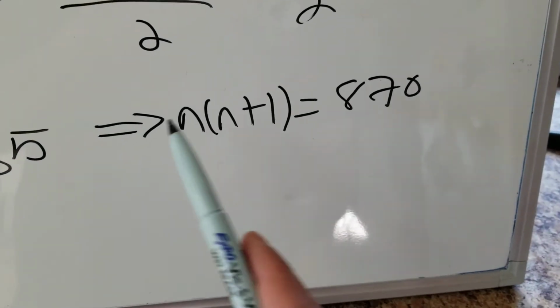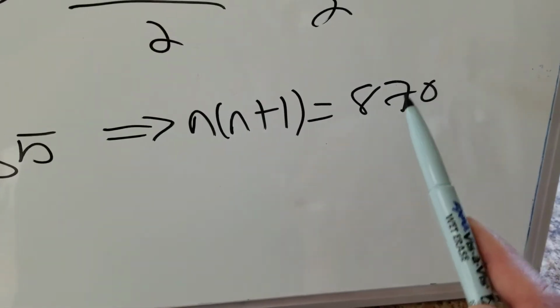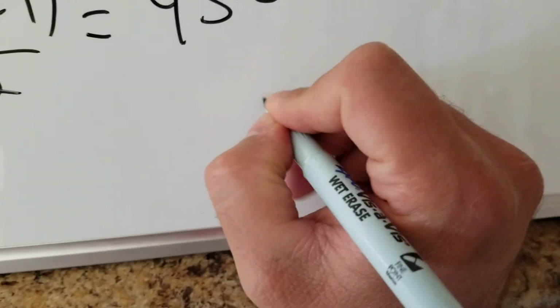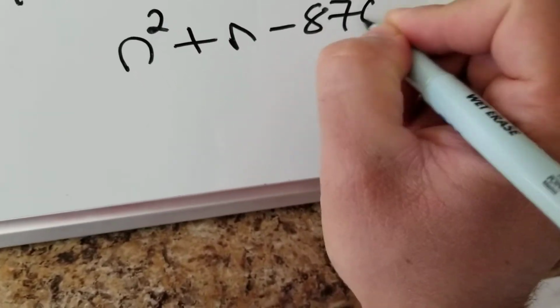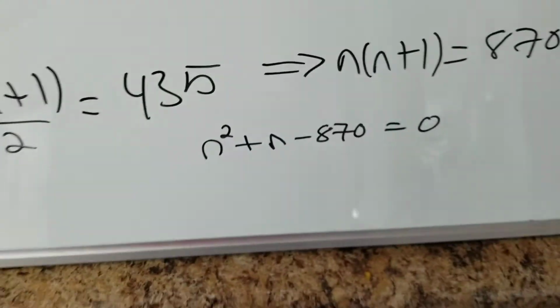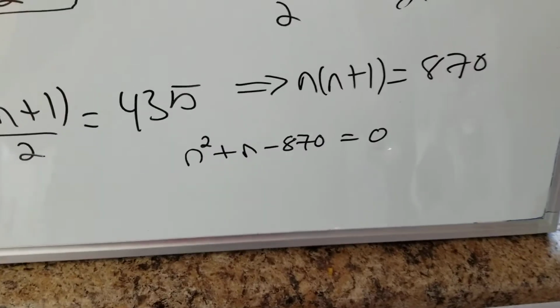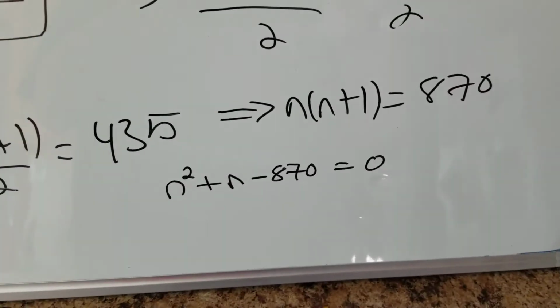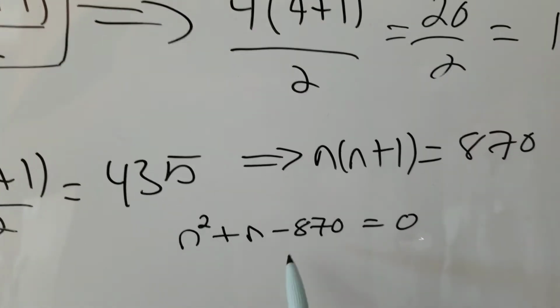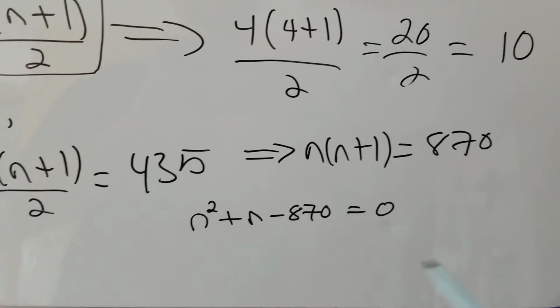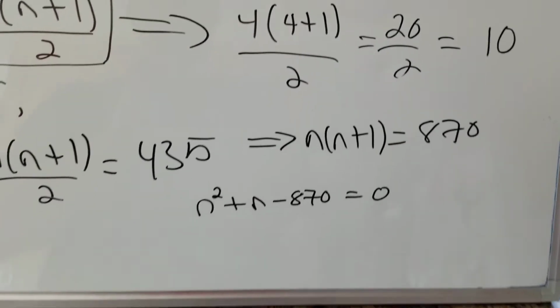Now what we can do is distribute in this n and subtract over the 870. n squared plus n minus 870 equals 0. Now from here you can either graph this polynomial and see where it crosses the x-axis at 0, and that'll be your n.